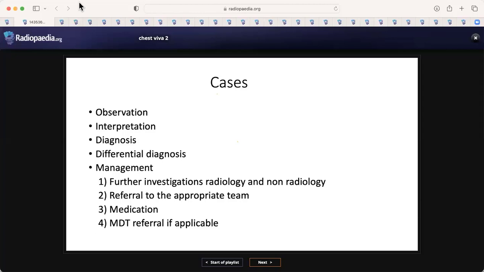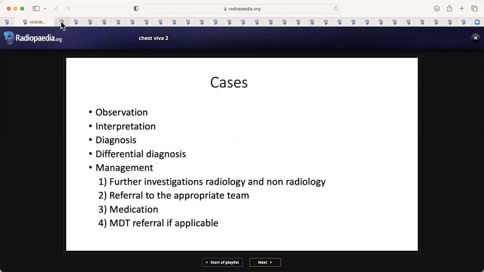For example, if a patient needs to be seen by the respiratory team, you should recommend that referral. You could touch on medication if you're aware of how the case is going to be treated, and then MDT referral if it's applicable. So: observation, interpretation, diagnosis and differential diagnosis, and then management.